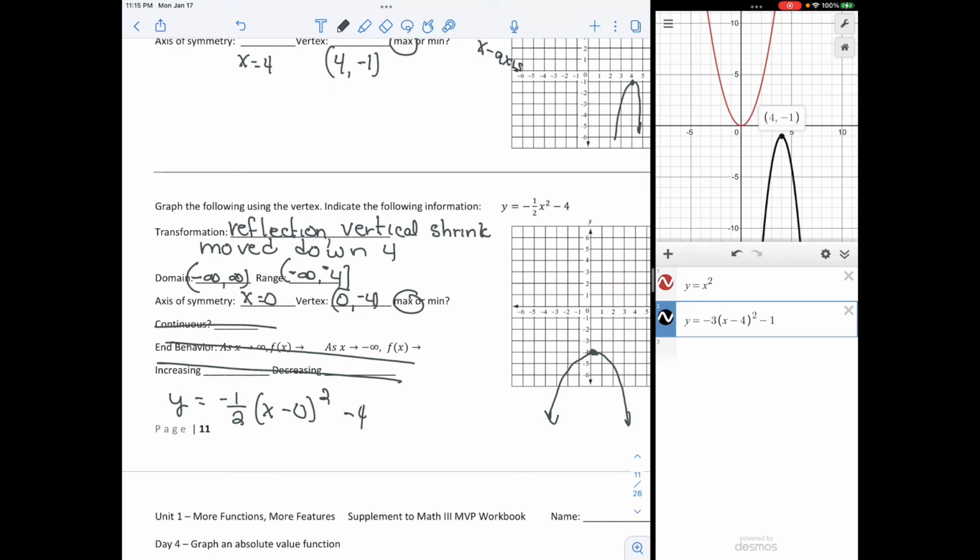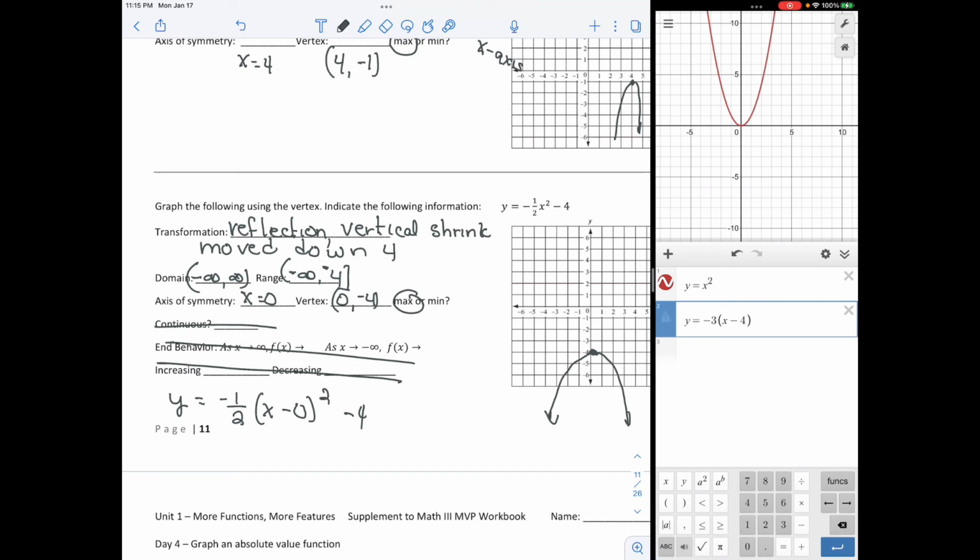Okay, so let's see if I'm correct by graphing it. So we have y is equal to -1 divided by 2, and then we put our parenthesis, x squared minus 4.